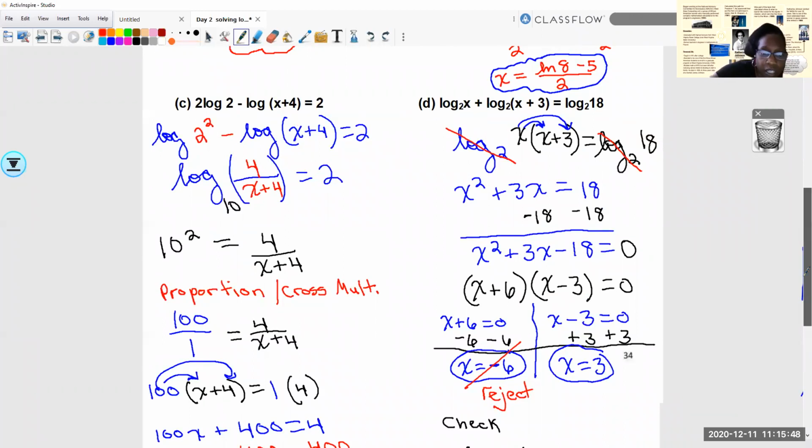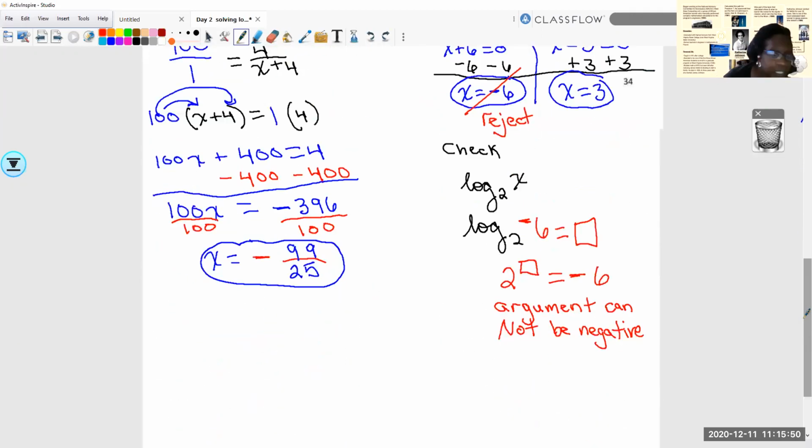So let's check. I'm just going to get the part that has the variable, x plus 4, because the other one is just a number.